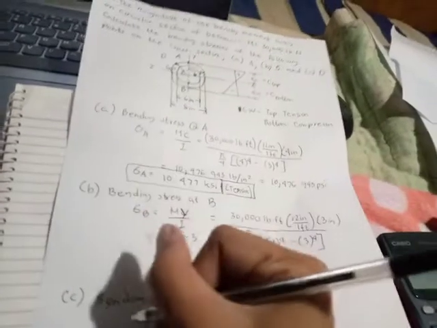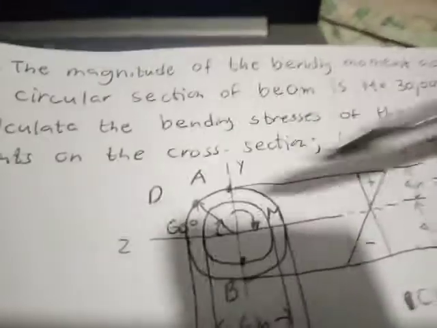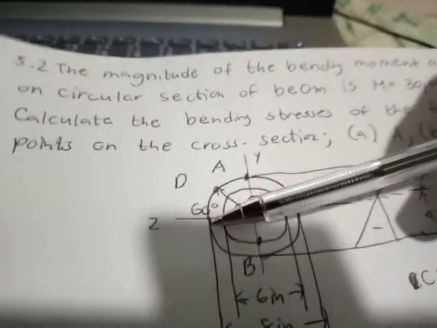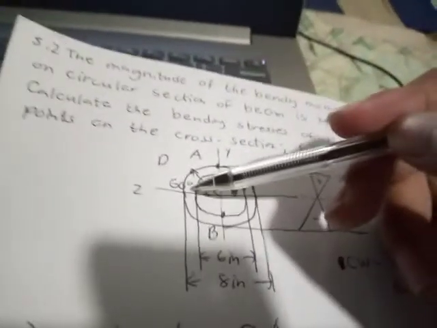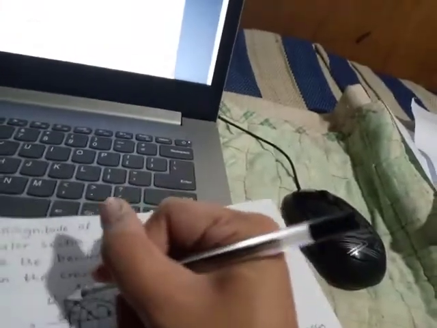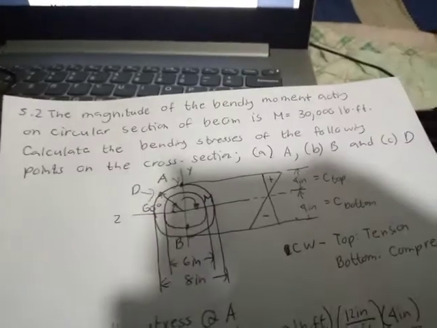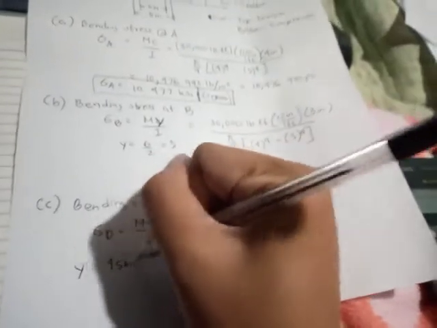So stress at D is equal to MY over I. Your y here is from your z axis up to this point. This is your A and this is your D. So your y will automatically become 4 sine 60.